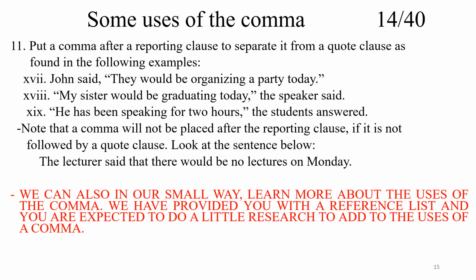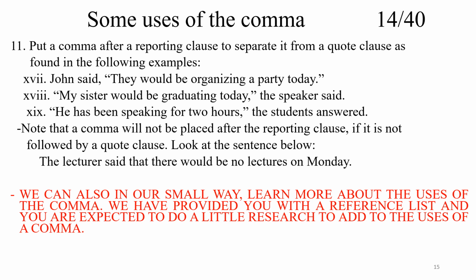All of these are reporting clauses. Anytime you intend to quote somebody and you begin with that reporting clause, immediately you mention the verb in the reporting clause, you need to place a comma there before you start the exact words of the speaker. You put the exact words of the speaker in quotes. So take note of that.